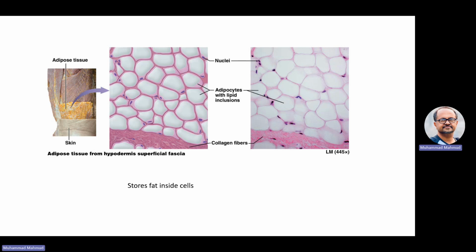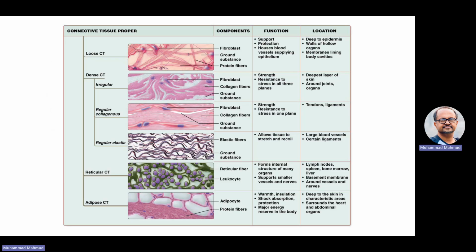You see those white bubbles, and these cells are called adipocytes, because most of the cell contains lipid inclusions. They store fat.